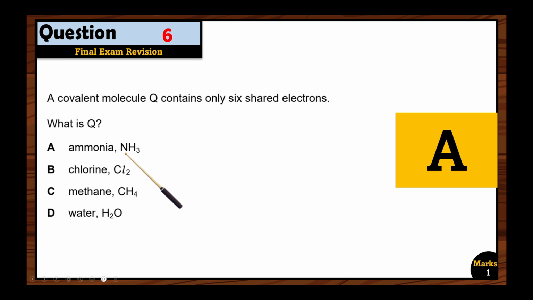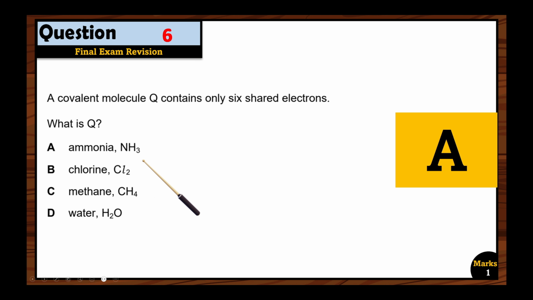How many atoms do we have here? Nitrogen 1, hydrogen 3. So total 4, right? So when we have 4 atoms, it means a total of 3 bonds will be present here, right? And each bond is sharing 2 electrons. So 3 twos are 6.